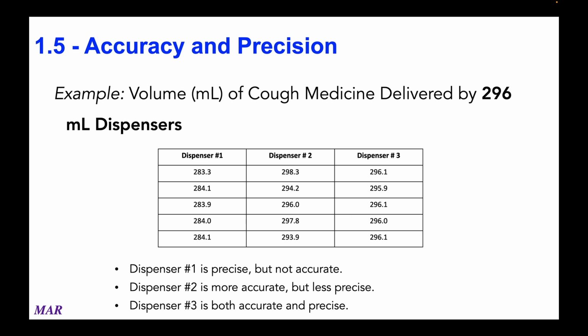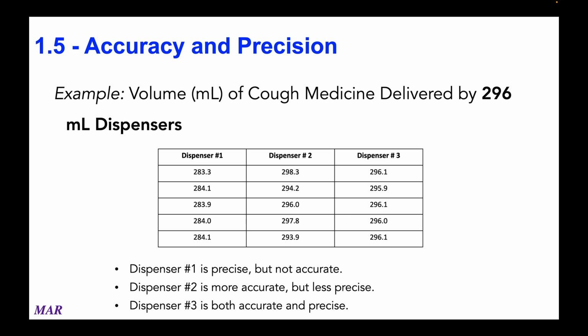All right. Now, in dispenser number 2, they had 298, 294, 296, etc. So their values were certainly closer to 296. I would consider that to be more accurate, but the numbers are kind of all over the place. Like you have a high of 298 and a low of 293. So that's a pretty big plus or minus. That's not very high precision.